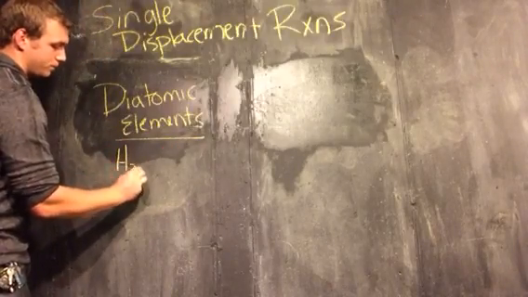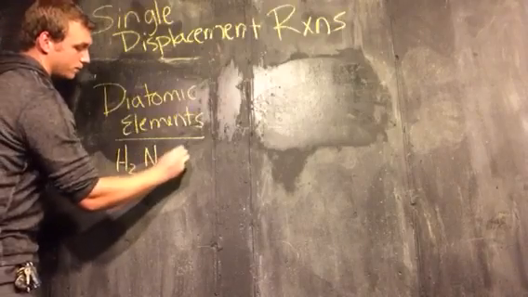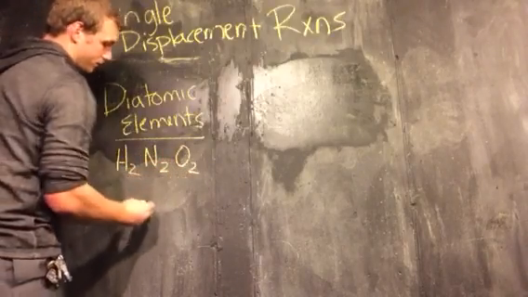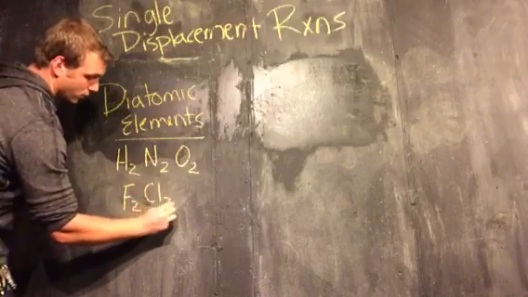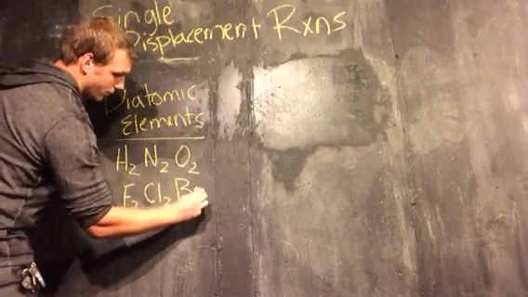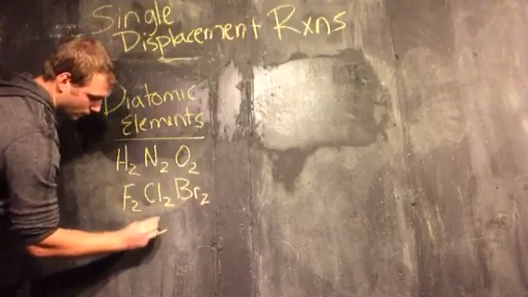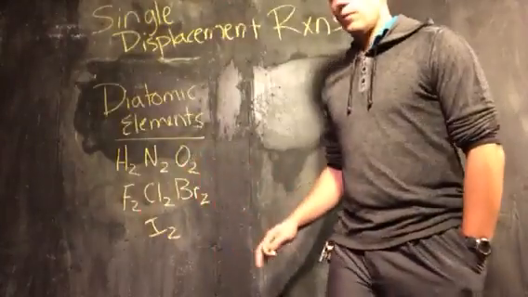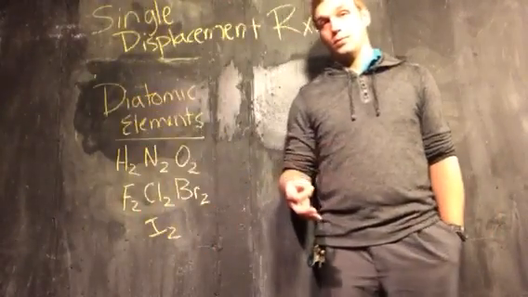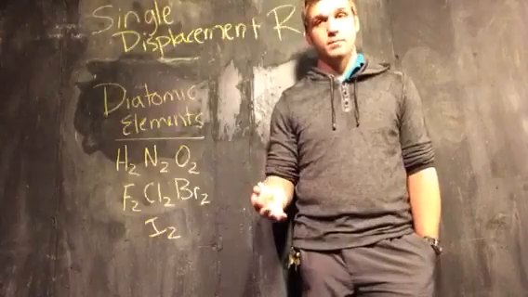Hydrogen, nitrogen, oxygen, fluorine, chlorine, bromine, and iodine. So, di means 2, atomic, atom, okay?